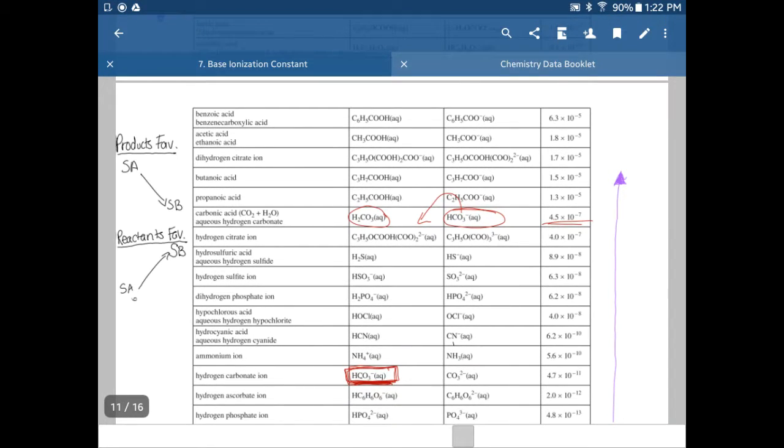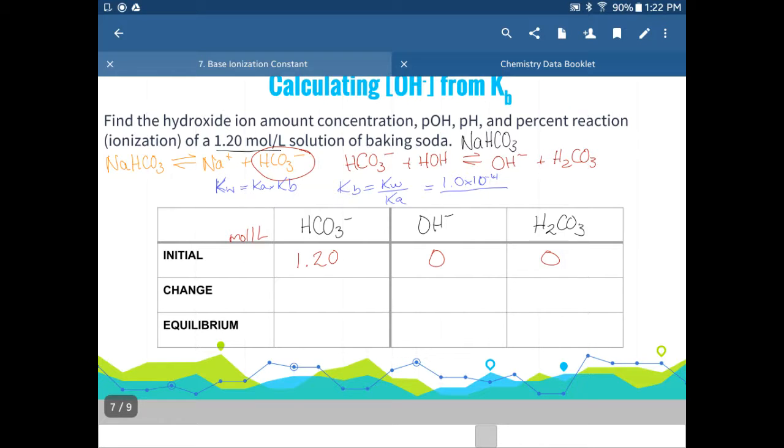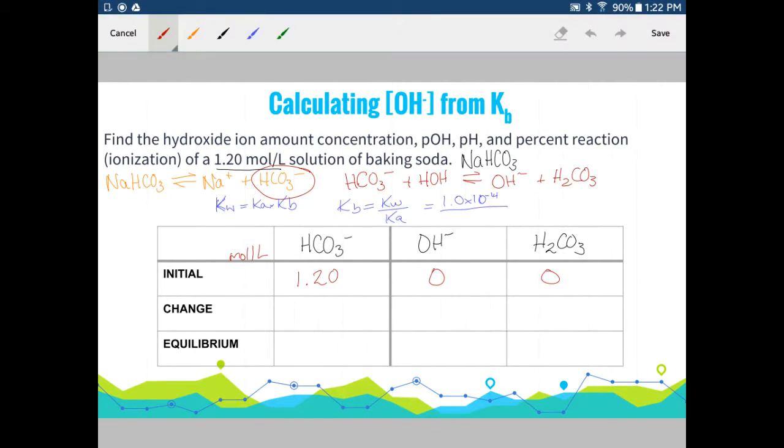So when we go back to our table, we have to use that value of 4.5 times 10 to the negative 7. So when I solve for my Kb, when I plug that into my calculator, I should get something like 2.2 times 10 to the negative 8.